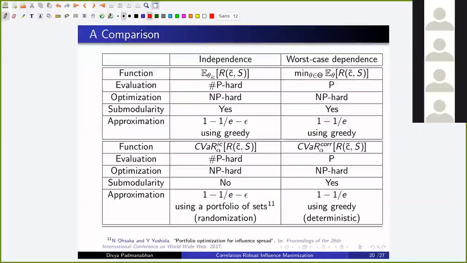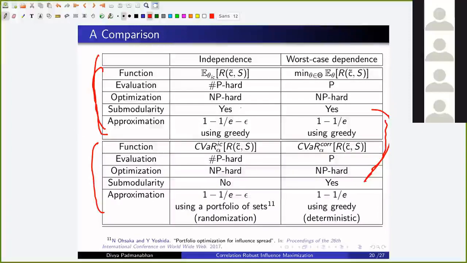Just to summarize, the first set of results had to do with the vanilla expectation case. The next set of results has to do with the worst case CBAR and the CBAR for the independent cascade model. The key difference across these tables is on the point of submodularity.